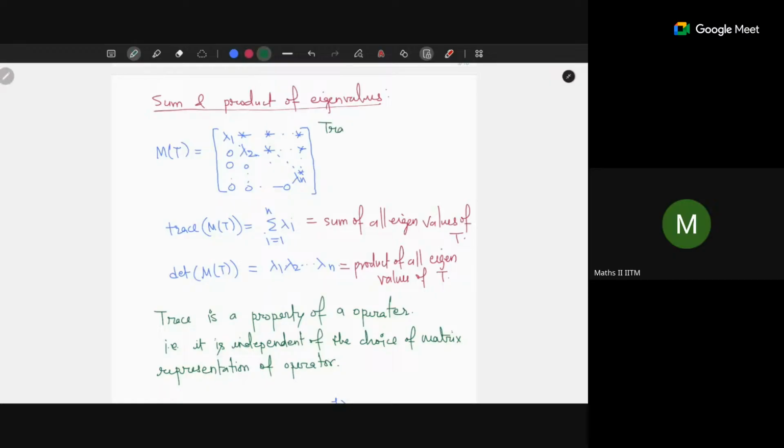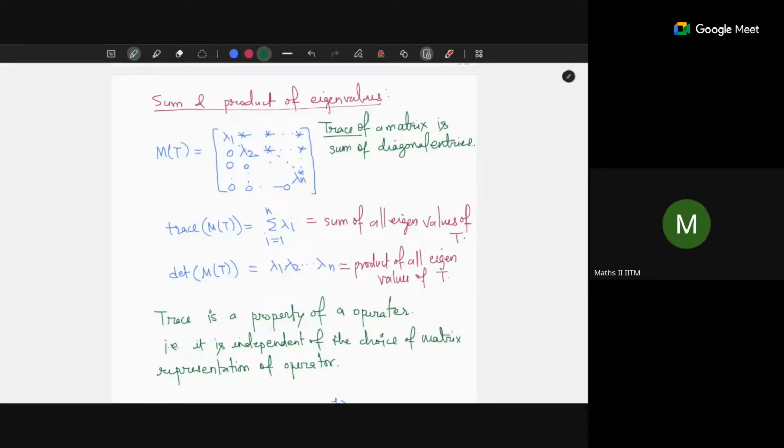The trace of a matrix is the sum of diagonal entries. So in this case, for T, the diagonal entries are the eigenvalues. So if you sum them up, you will get the sum of eigenvalues, which is nothing but the trace of T.